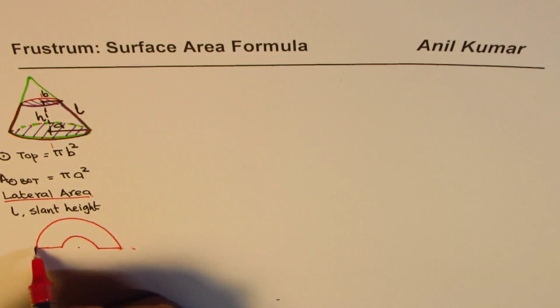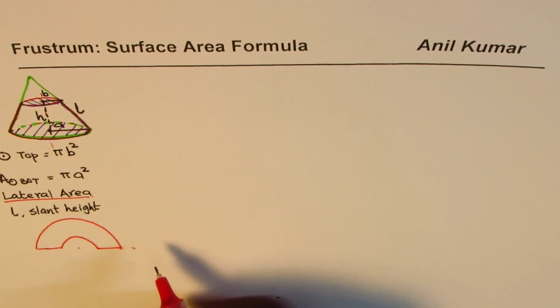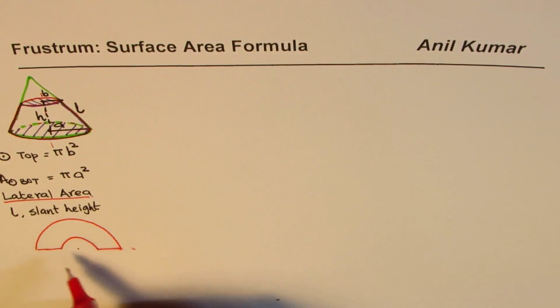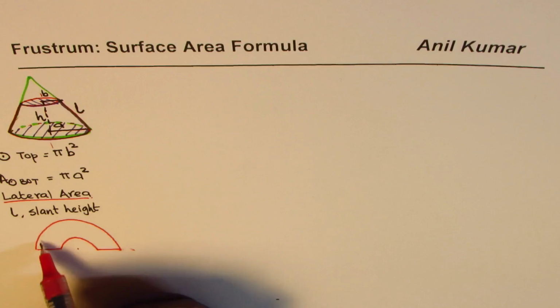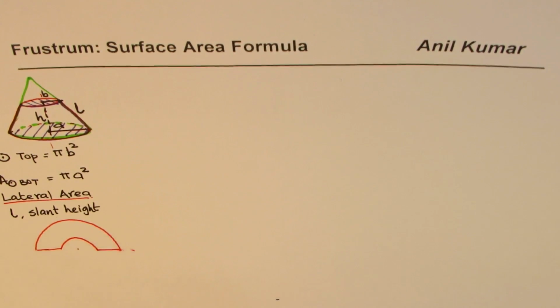So these two circles, they correspond to these two circles, right? And this side is kind of the L, lateral area, right? Okay, so approximately it will look like this. So basically we need to find this surface area. That's what we are actually trying to figure out. I hope the situation is clear to you, what we are trying to do.